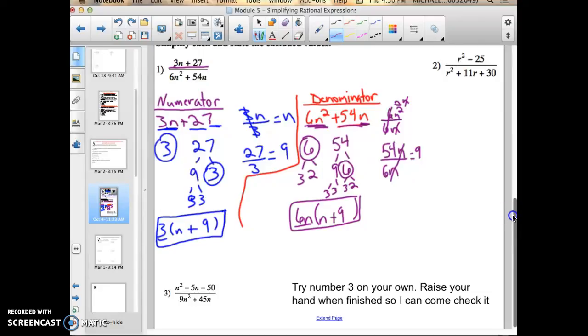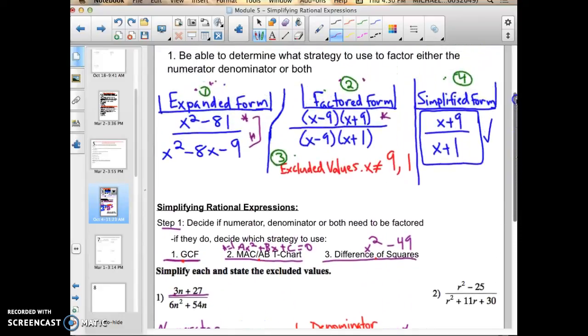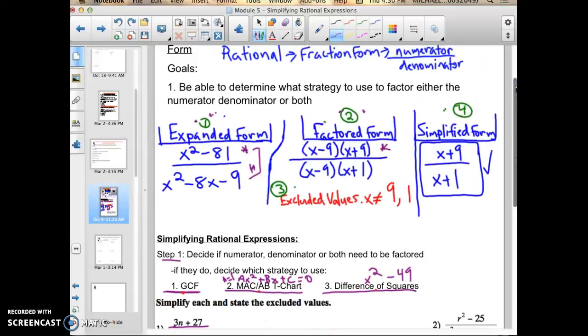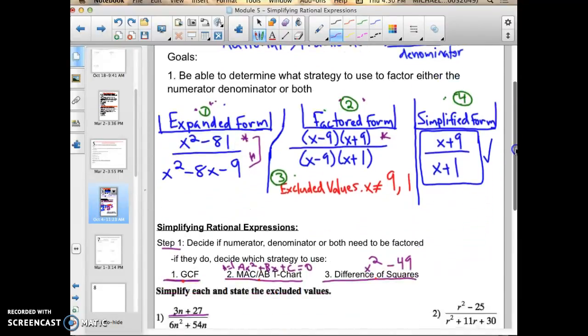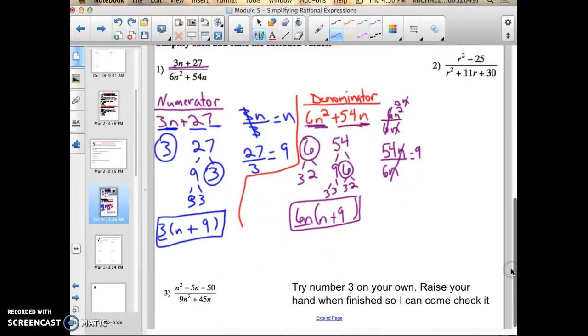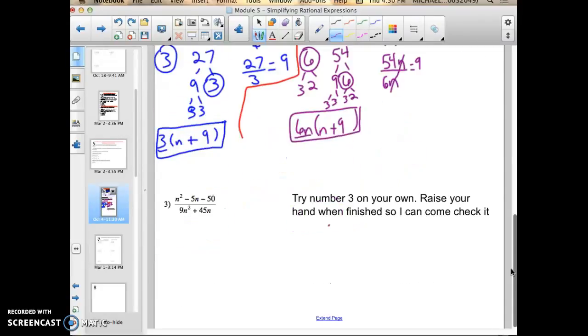So to end part 1, being able to take a rational expression from expanded form to factored form, I write it now in factored form. Let me make note, this up here is expanded form. I'm going to write it now in factored form with my new numerator and my new denominator. So factored form, I'll put right here.